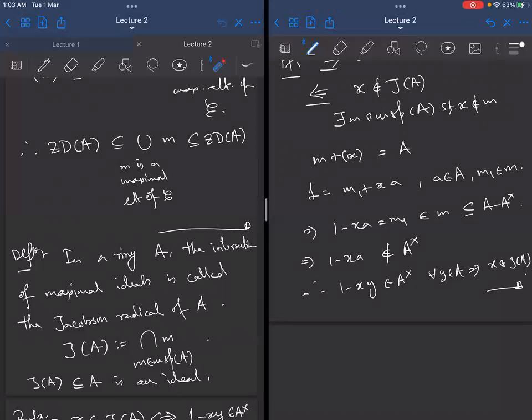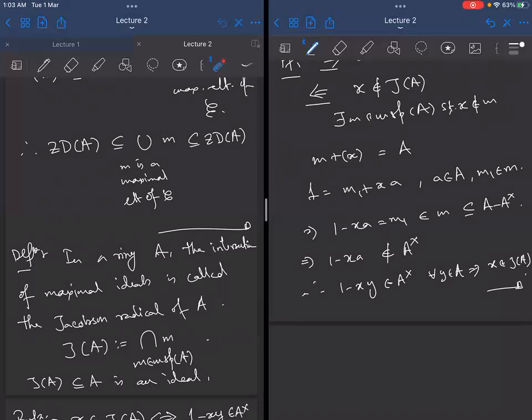I am now going to define something called the radical of an ideal. So we talked about this nilradical, and as the name suggests, the radical of an ideal is something which is connected to the nilradical, and this is exactly the case.